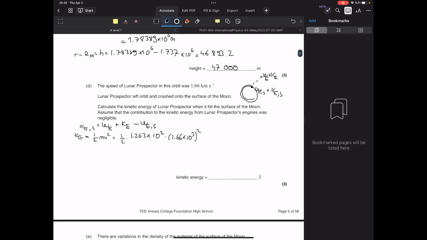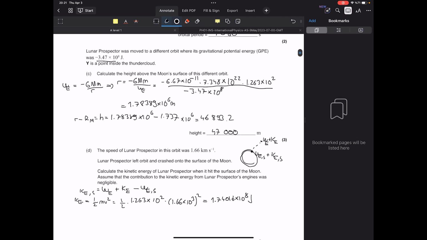Remember that. This is equal to 1 divided by 2 times 1.263 times 10 squared times 1.66 times 10 to the 3 squared, which gives us 1.74016 times 10 to the 8 joules.